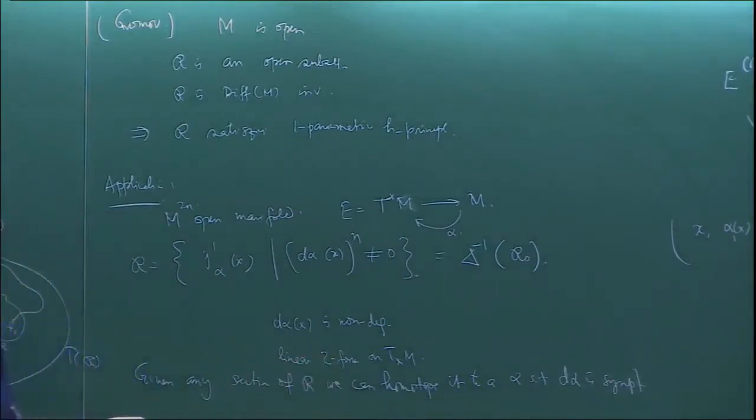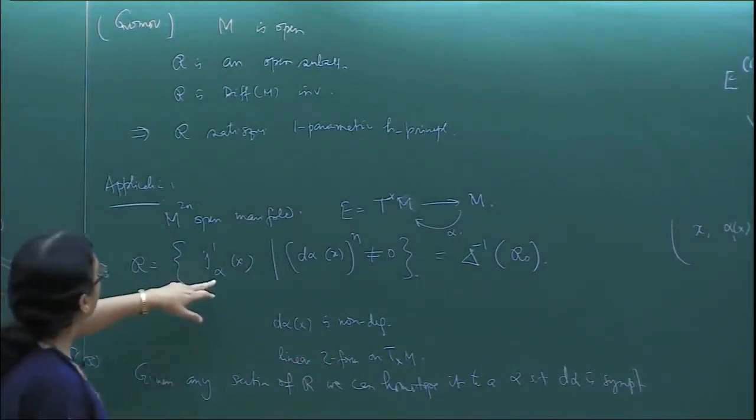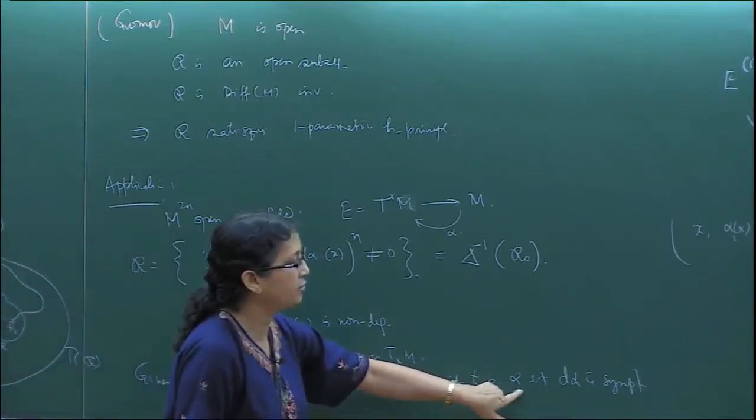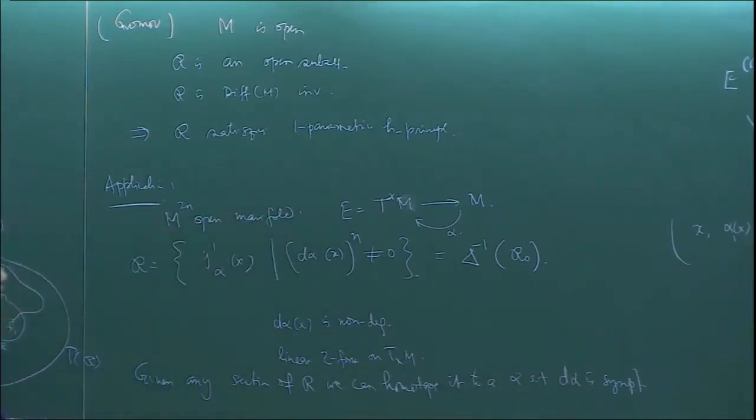Alpha means basically J1 of alpha. That means I can deform it to a genuine symplectic form.